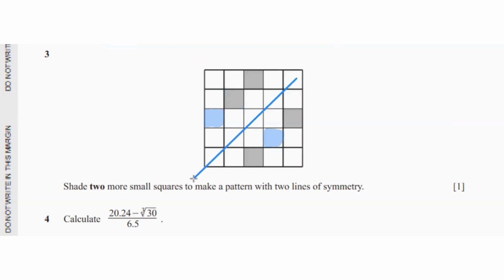So we will have one line of symmetry like this. And the other line of symmetry is going to be like this. So this way we have 2 lines of symmetry for this shaded pattern.